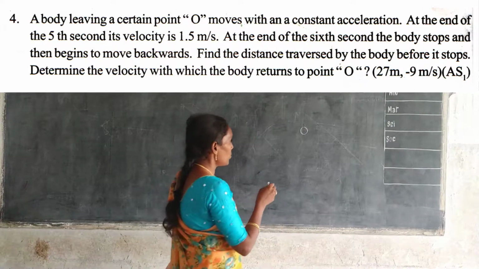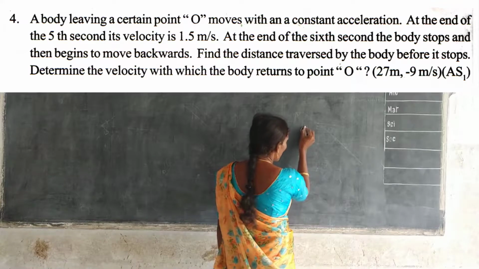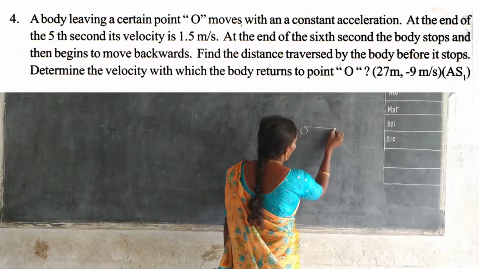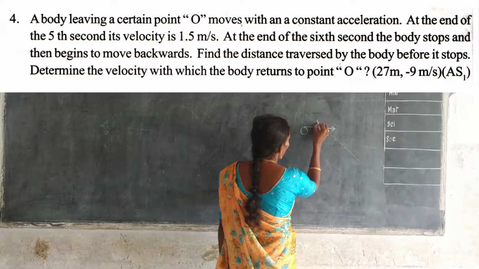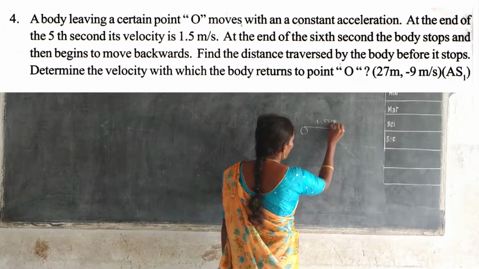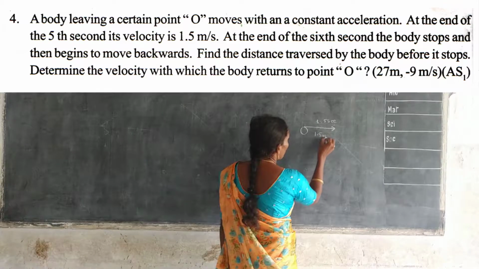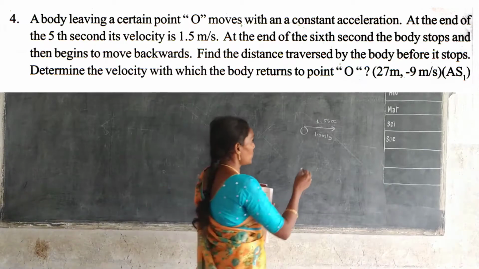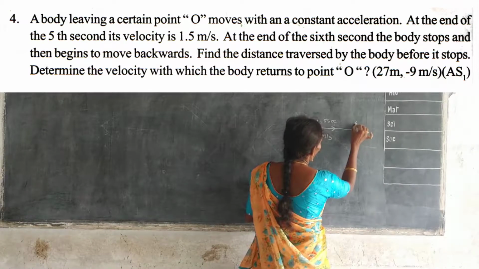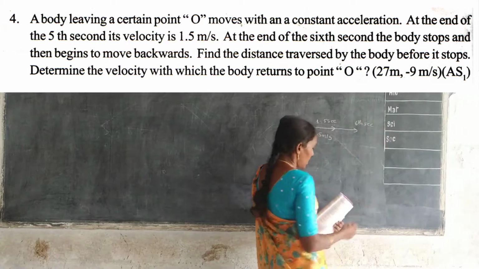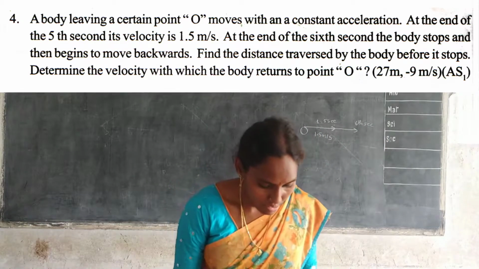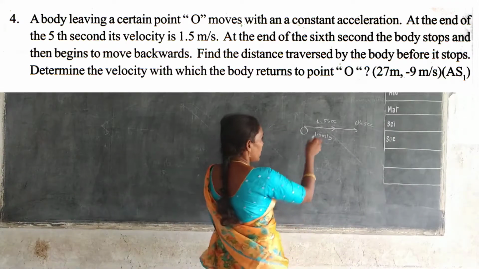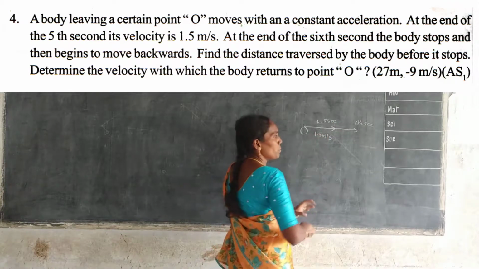If a body is moving with a constant acceleration, that body leaves at a point O. At the end of the 5th second, its velocity is 1.5 meter per second.